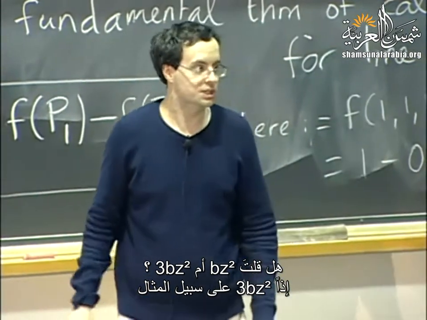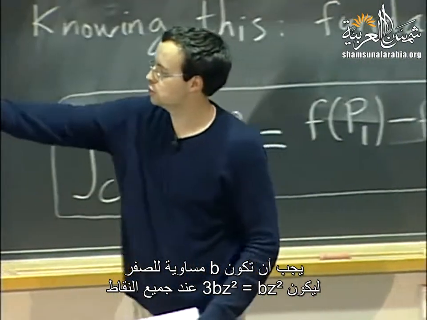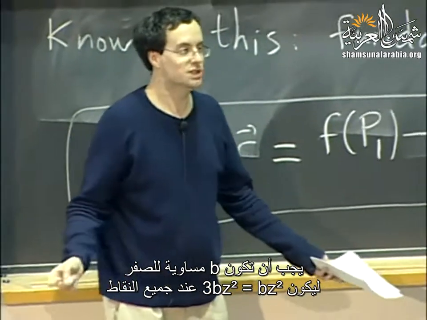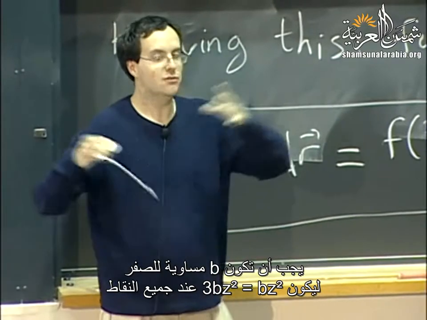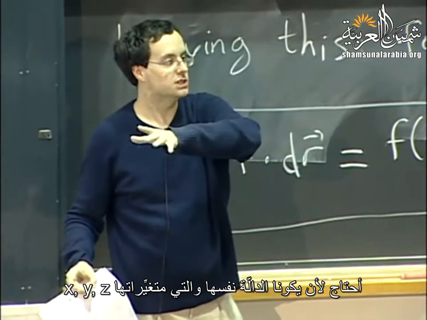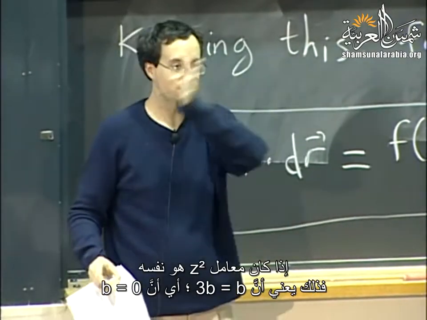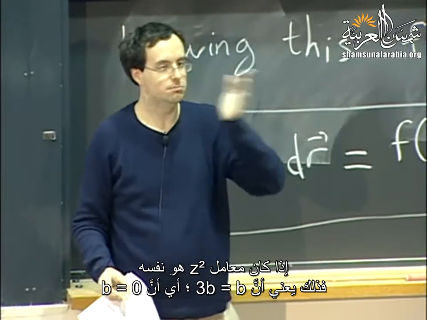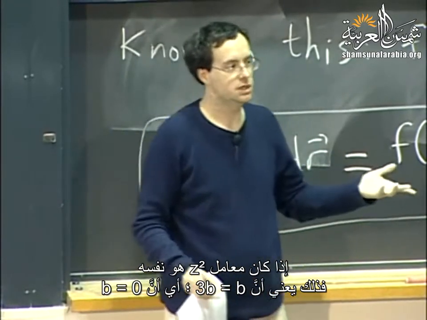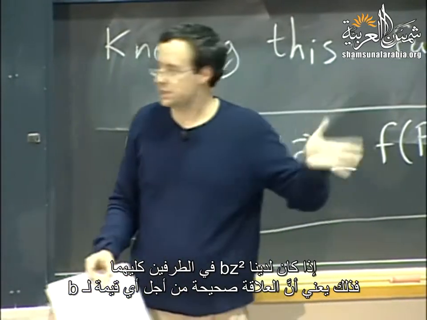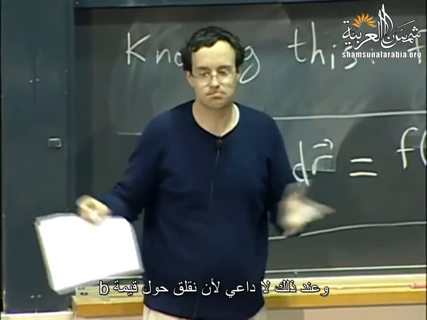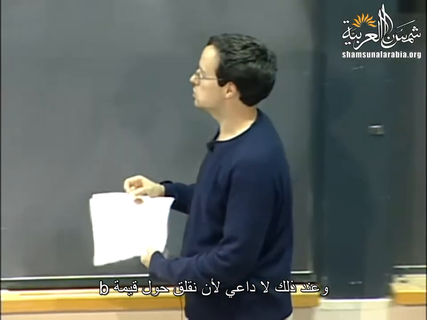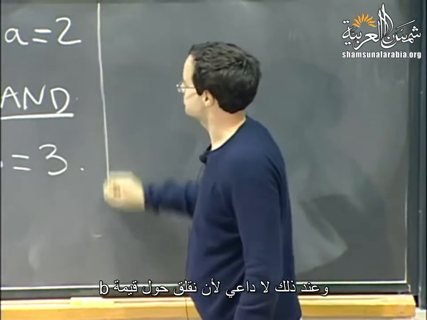Well, then I would need b to be 0, because the only time that 3bz squared equals bz squared, not just at one point but everywhere, I need them to be the same function of x, y, z. If the coefficient of z squared is the same, that would give me b equals 3b, so b equals 0. If you got bz squared on both sides, then it would mean for any value of b it works, and you wouldn't have to worry about what the value of b is.